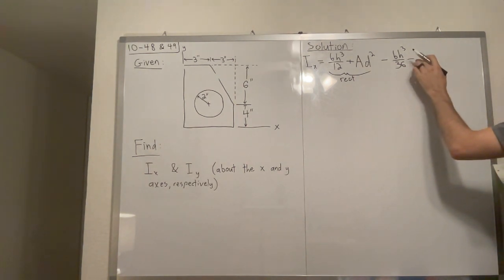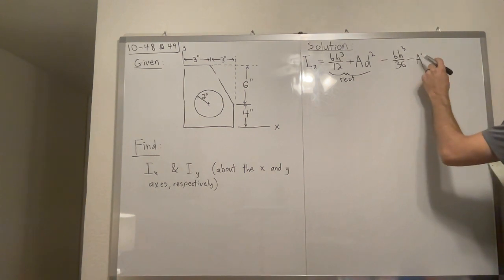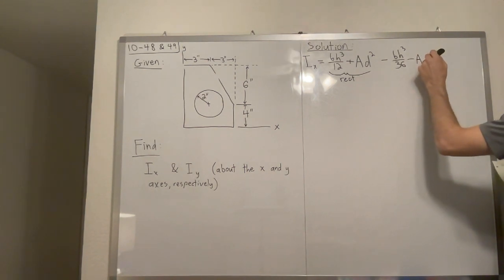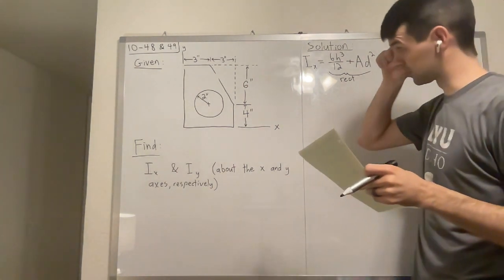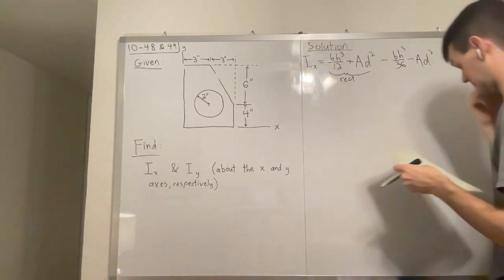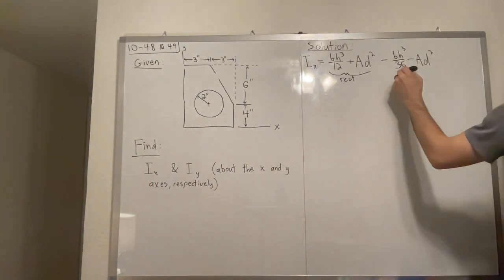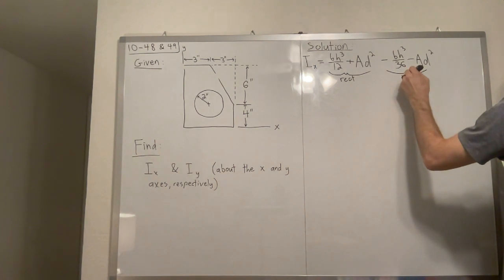Because we need to do the parallel axis shift here. So minus the area of the triangle times its distance squared from the centroid of the triangle, which is going to be around here, to this x-axis.